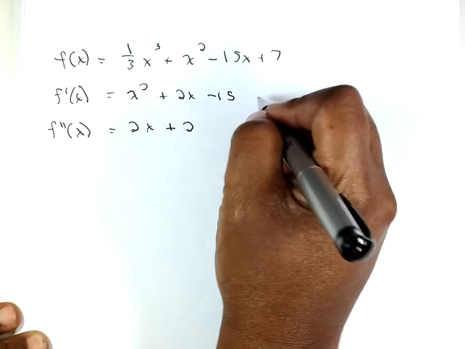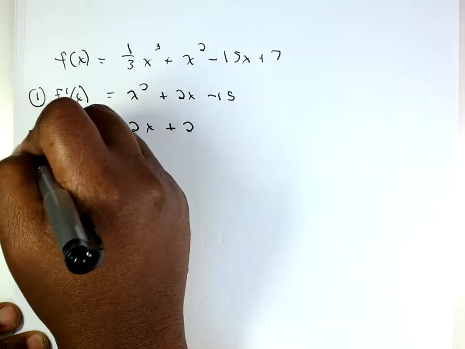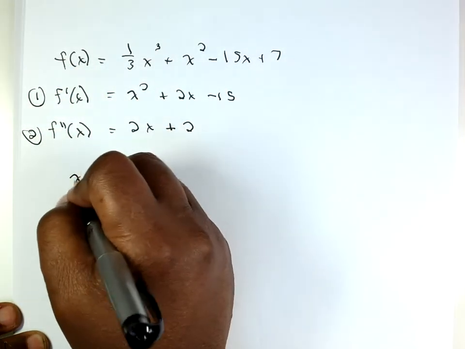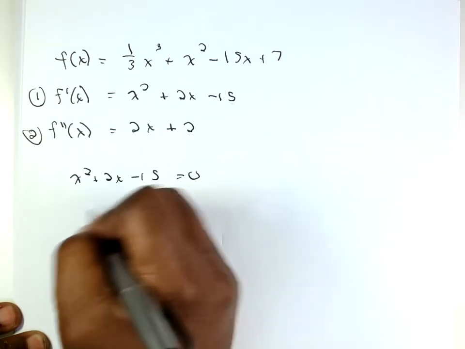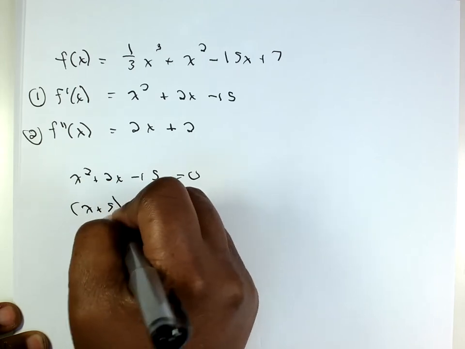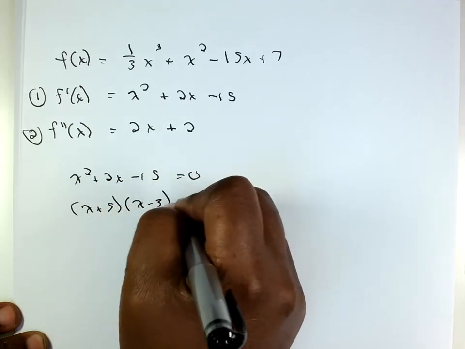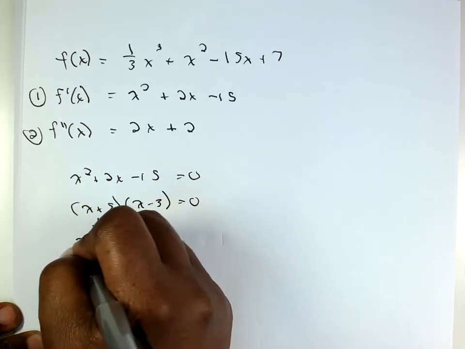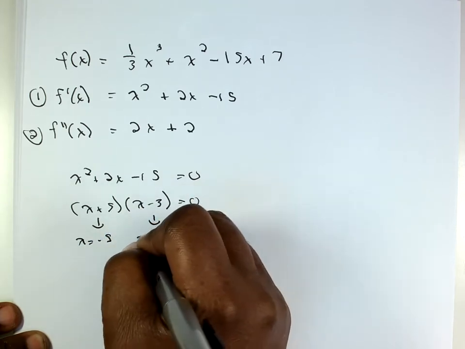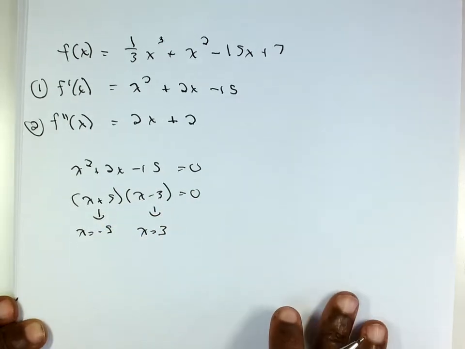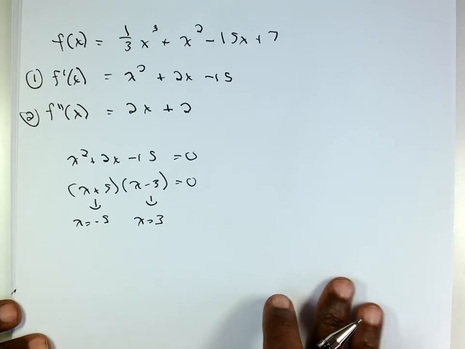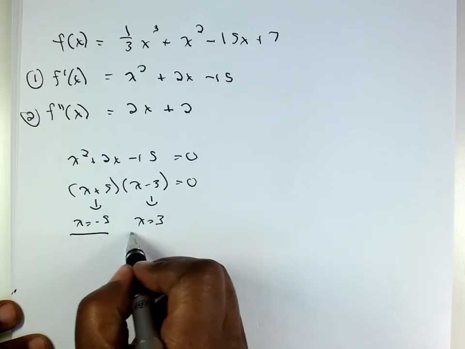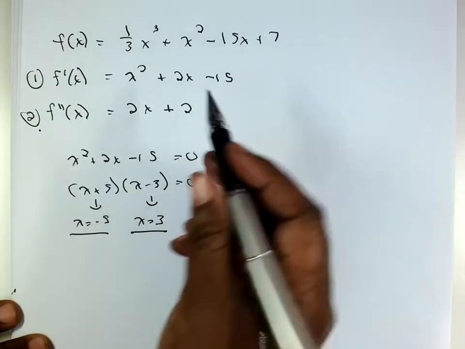Alright, so I'm going to work with the first derivative. Set that equal to 0. And I get two solutions, -5 and 3. Now I'm going to take these critical numbers and plug them into the second derivative.